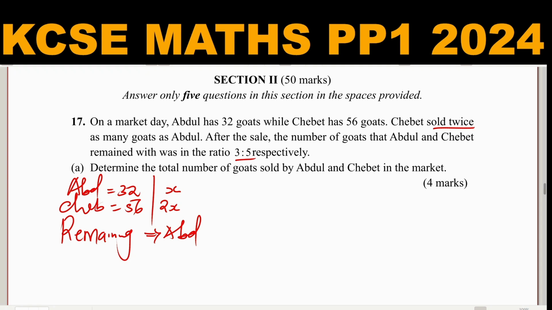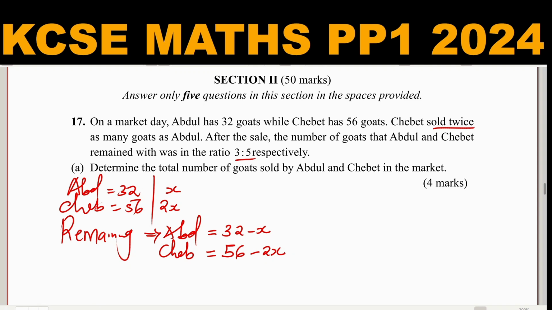Abdul had 32 goats, and after selling X goats, what remained is 32 subtract X. Then for Chebet, initially Chebet had 56 goats, then sold 2X goats. So the remaining goats were 56 subtract 2X. This is the expression for the remaining goats.